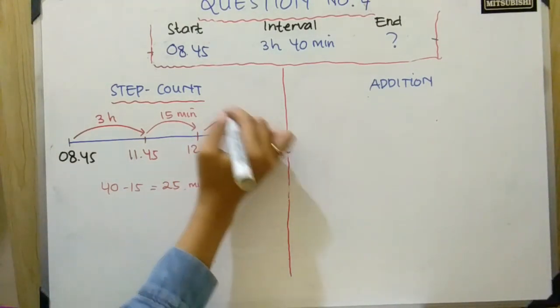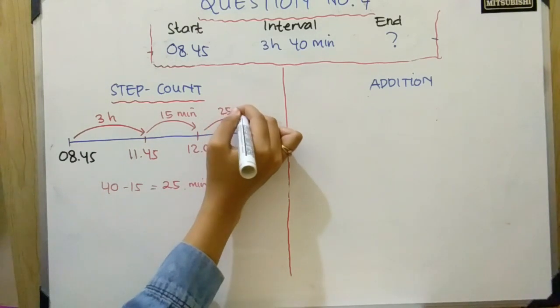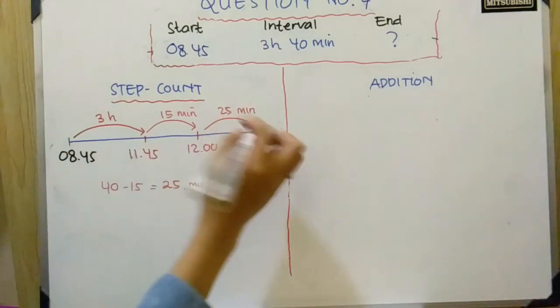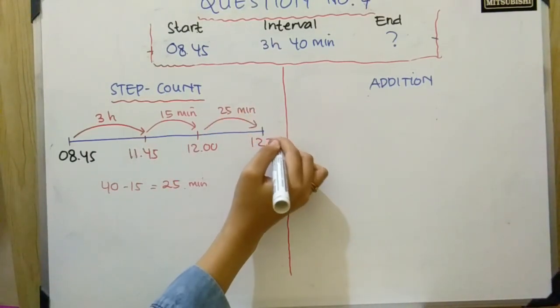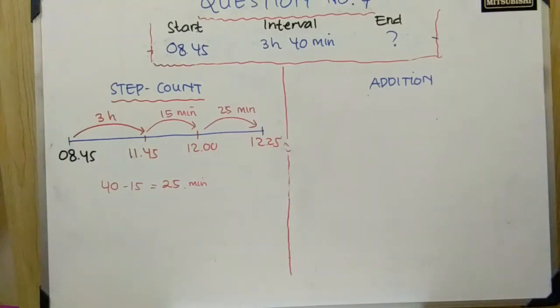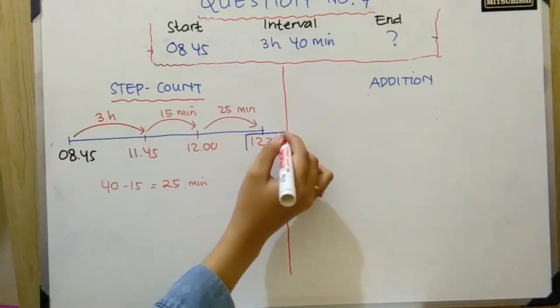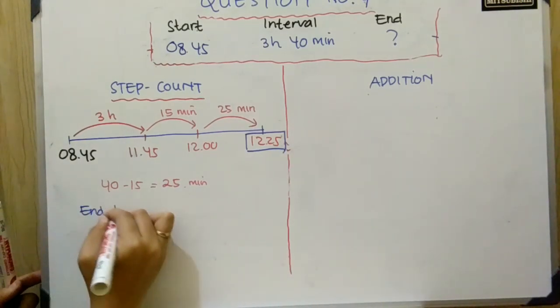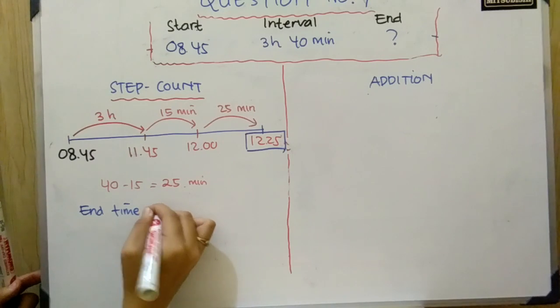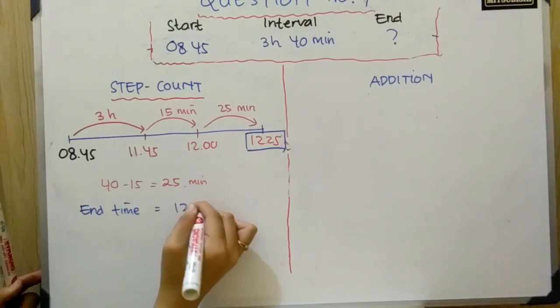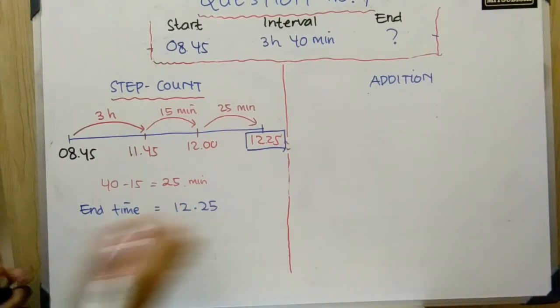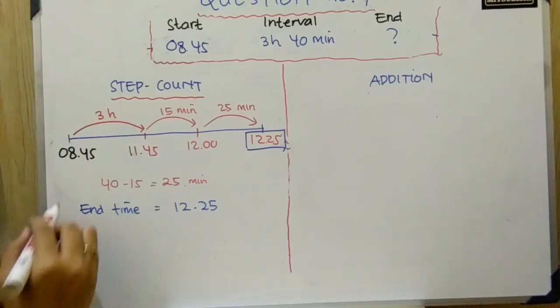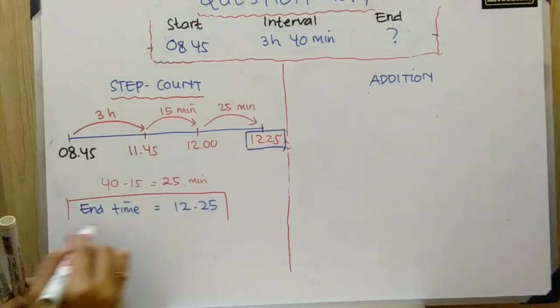So 25 minutes after 12 o'clock is 12:25. So the end time is at 12:25. It means Mr. Gun got off the bus at 12:25.